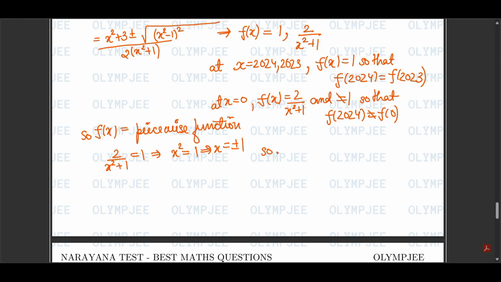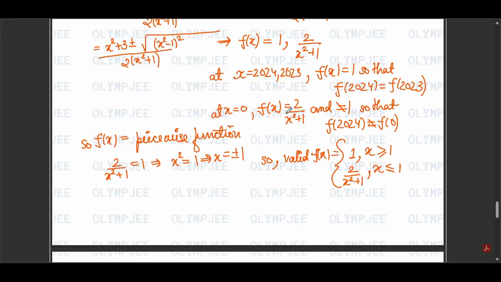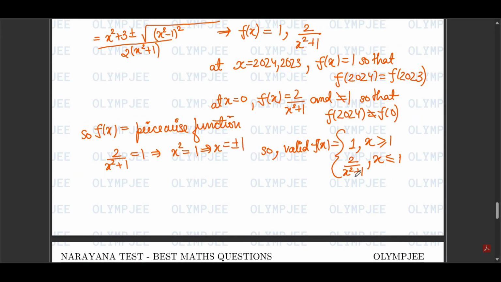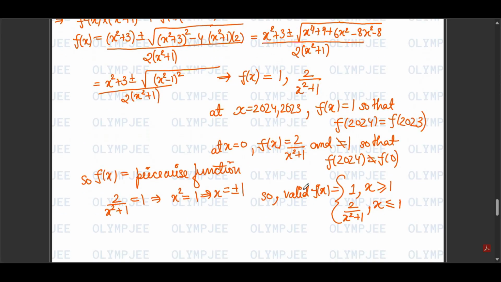So valid f(x) can be given as 1 if x is greater than 1 and 2 by x² plus 1 if x is less than 1, right? So from here we will get that because at 1 this will also be equal to 1 and this will also be equal to 1, and these two conditions are also satisfied. So the function will be continuous and these criteria are satisfied. So this is valid f(x).